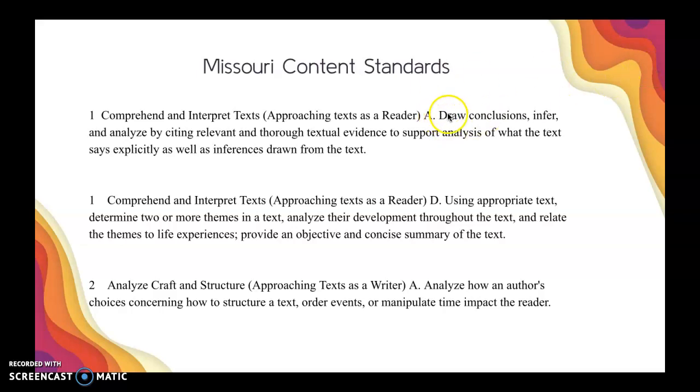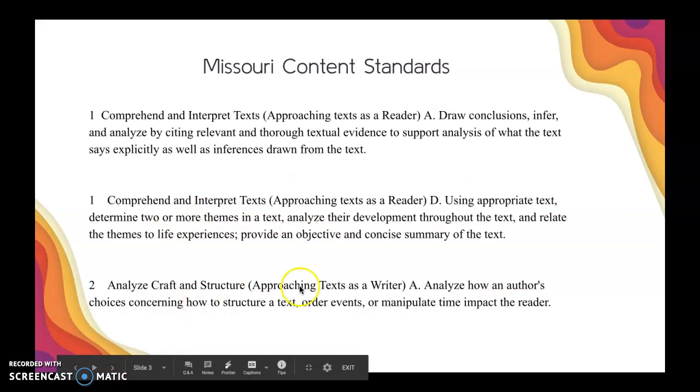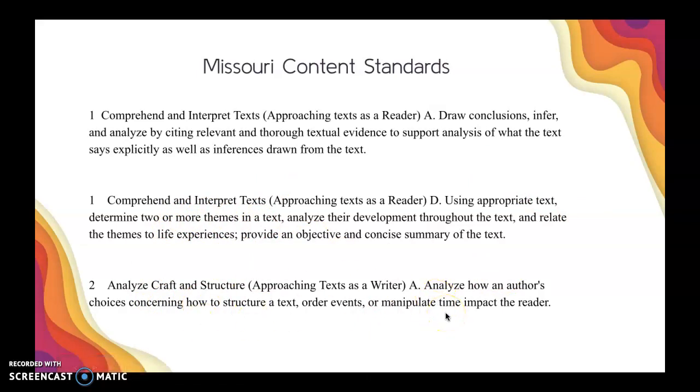So the students should be able to draw conclusions about a text, citing textual evidence, as you saw before, inferring, all that good stuff, using appropriate text for themes. We'll talk about that later. And then analyze the structure of the text. It's definitely important to know why the text works in the way it does. And so yeah, that's that.